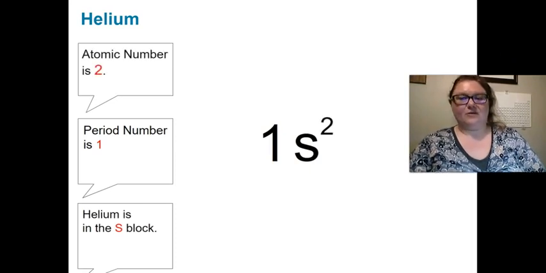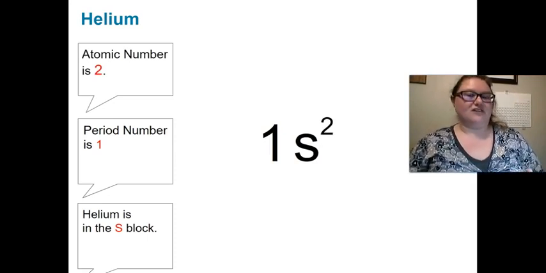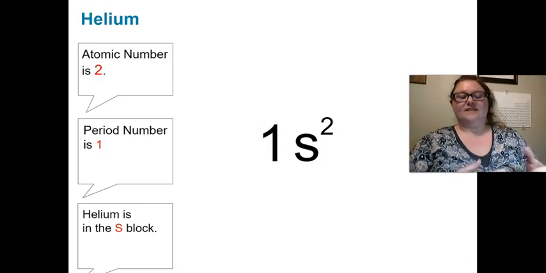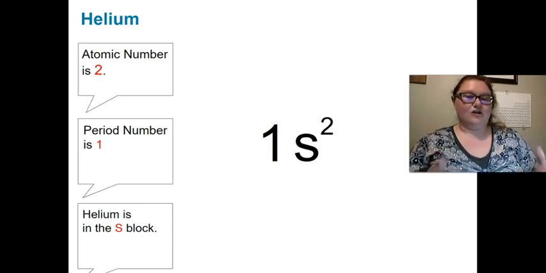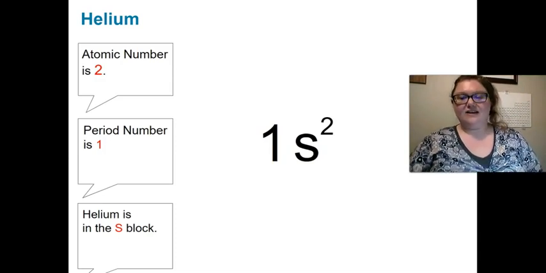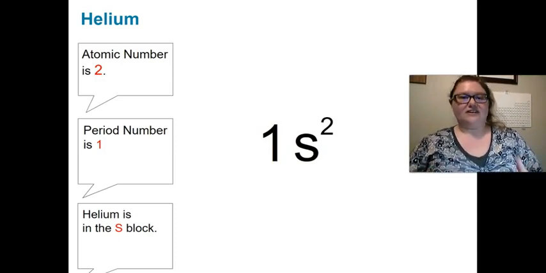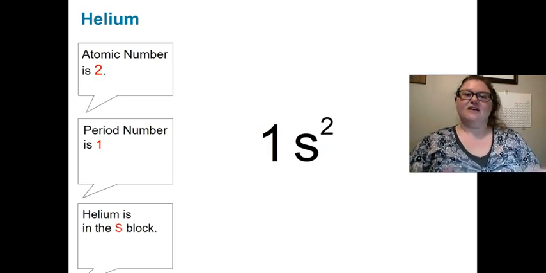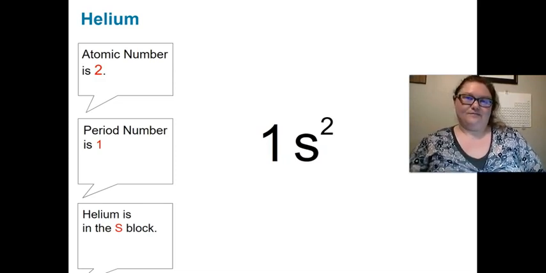Its atomic number, however, is 2. So we only have 2 electrons to account for. The s sublevel can hold a maximum of 2 electrons, so they're all going to be located here. Helium's electron configuration would be read as 1s2.